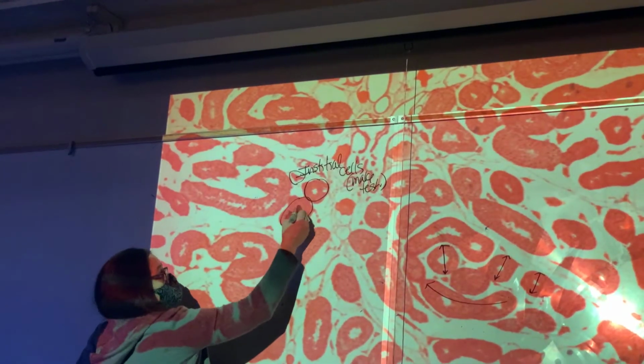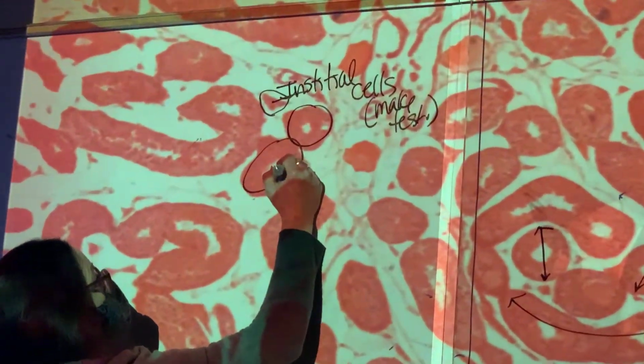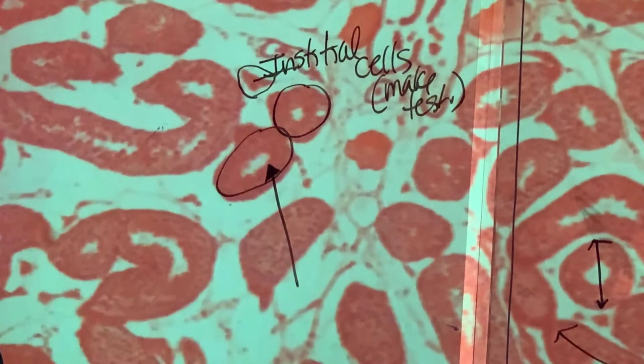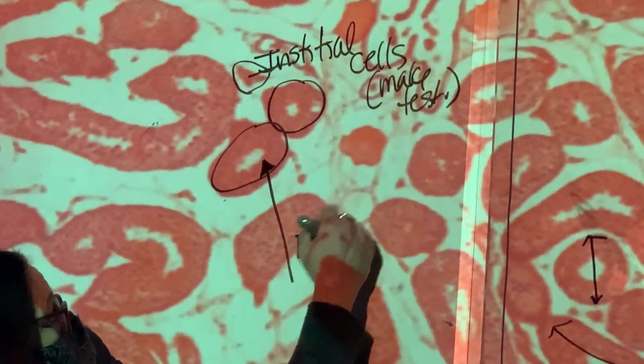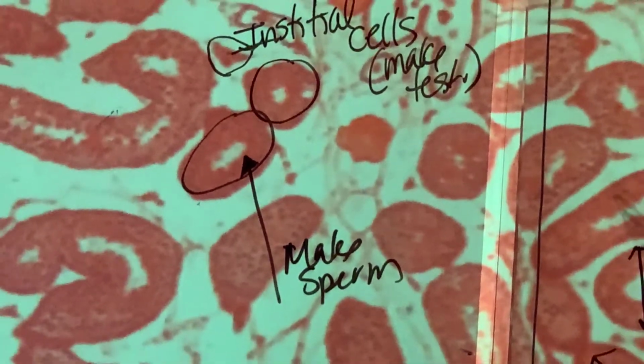And then you should know for this histology stuff, if I say, what's the function of this, you would say that's where we make sperm. So you make sperm in these guys, and then the cells that are around it, that's where you make testosterone.